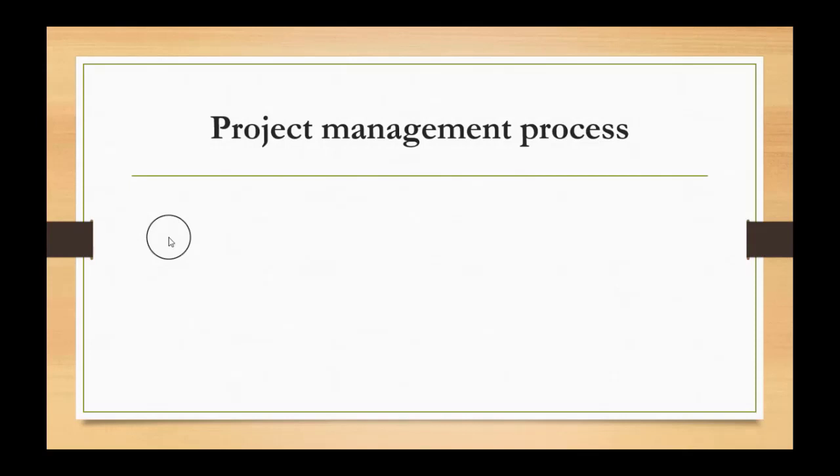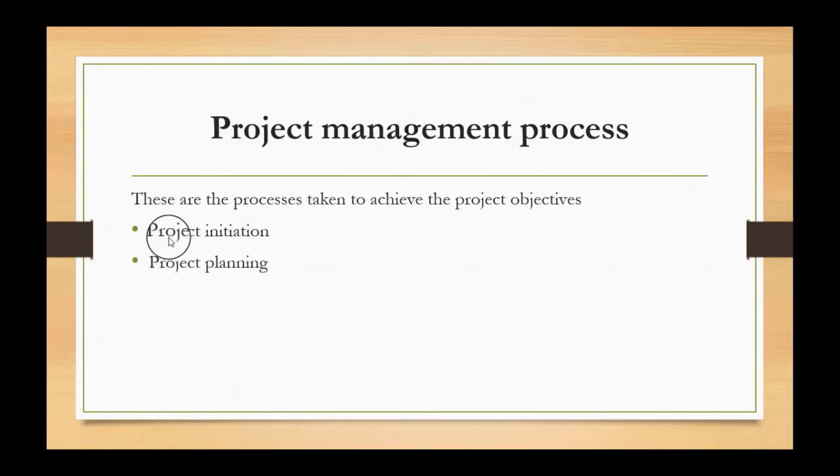These are some of the project management cycle or processes that every project must go through before the closure period of that project. So when we talk of the project management process, these are the processes taken to achieve the project objectives, and they are project initiation, project planning, project execution, monitoring and controlling, and finally project closure.